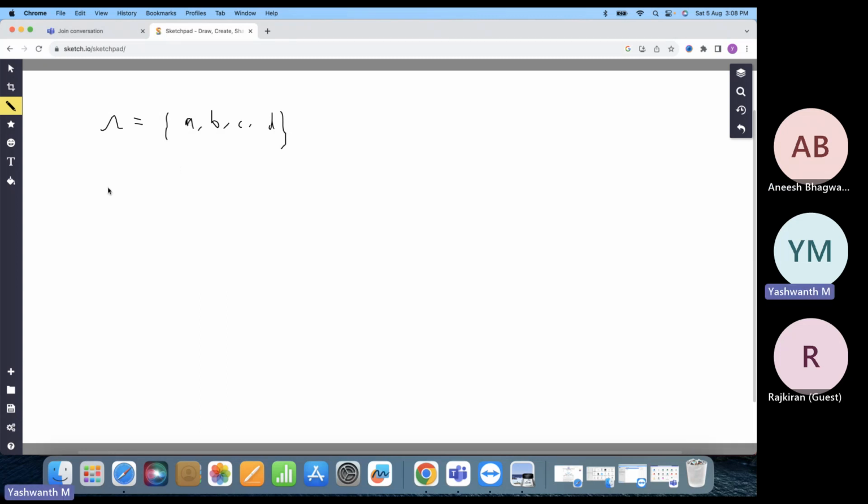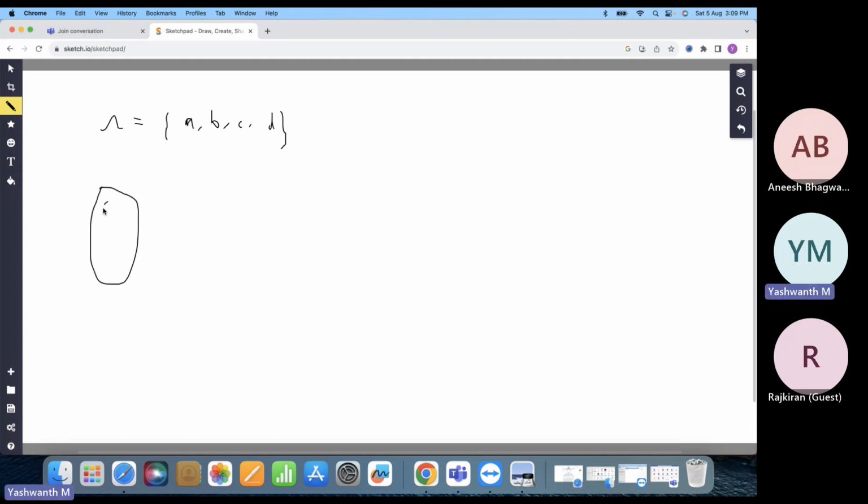And you have a function that maps from omega to say R. I'm keeping the other set as R, and we can map the relevant points there.